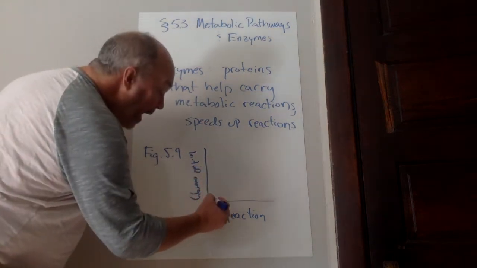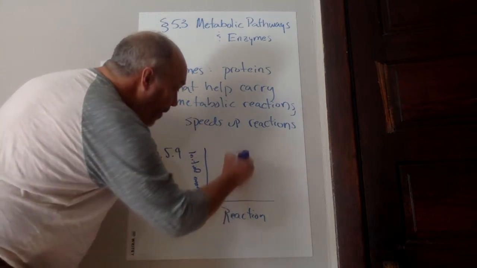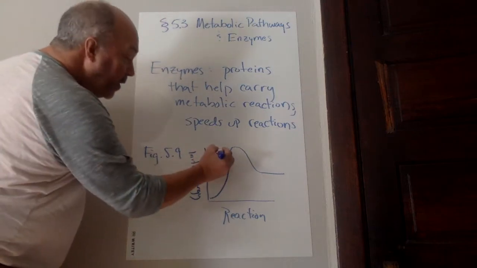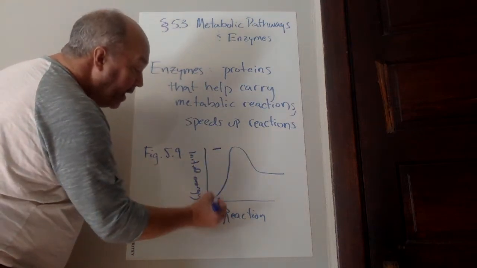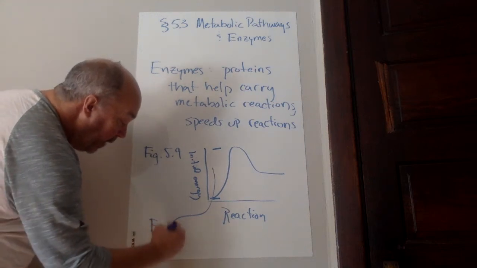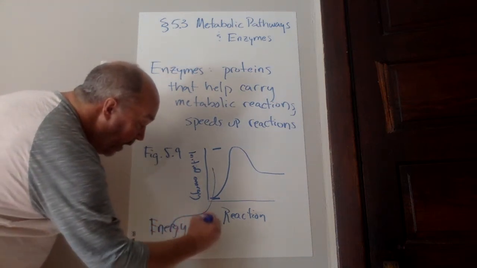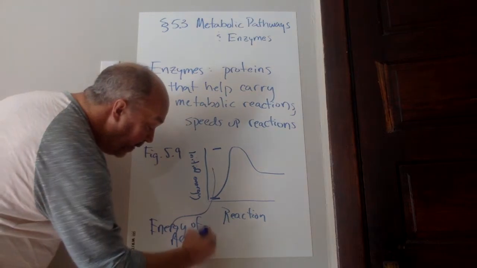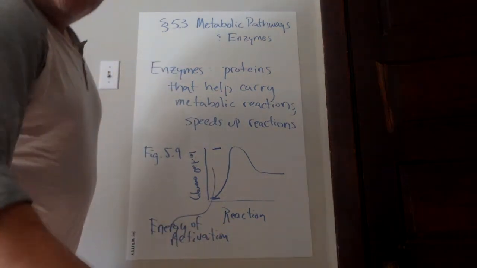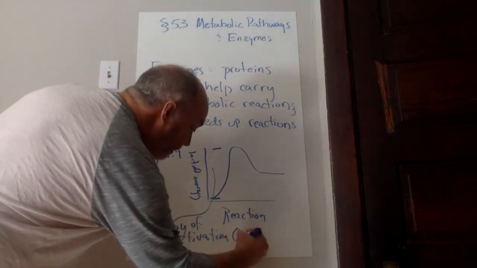So in a normal reaction, we would need a certain amount of energy to get that going. The energy from here to here is called the energy of activation, or you might see this subscripted E sub A.